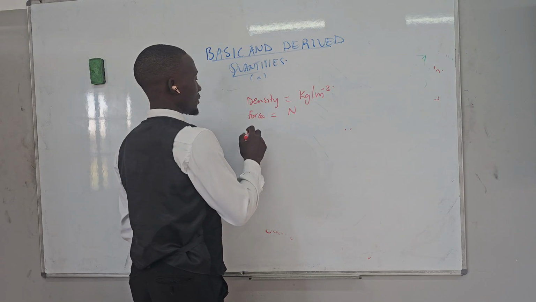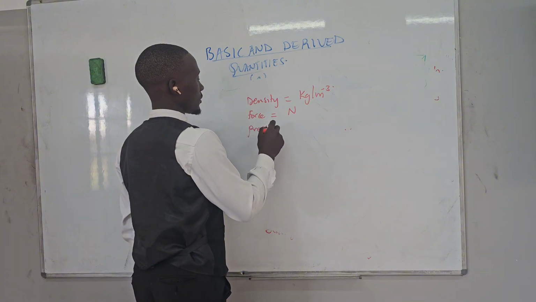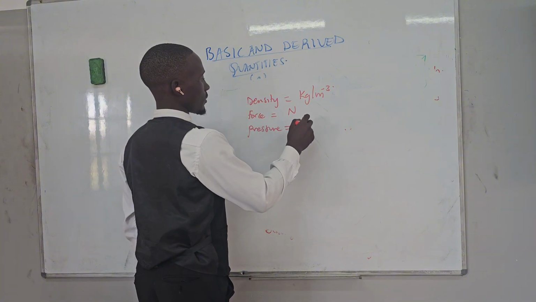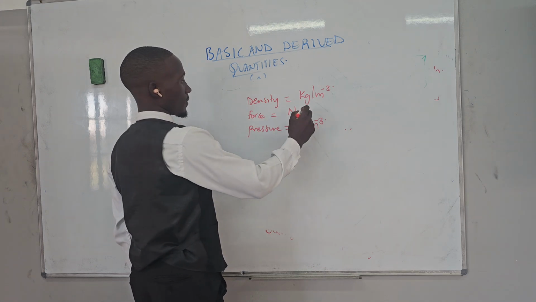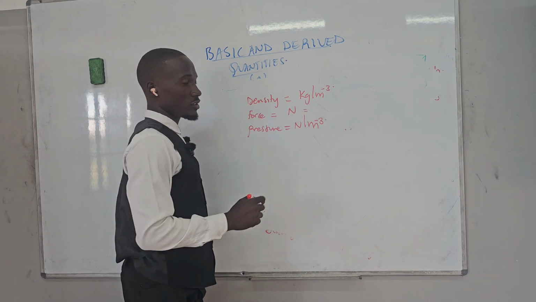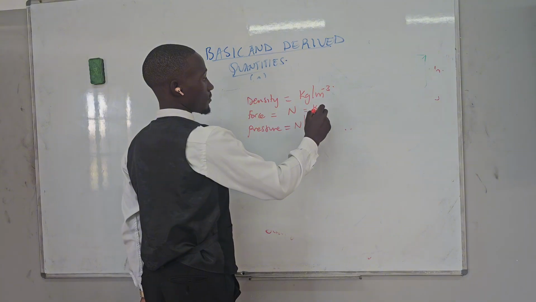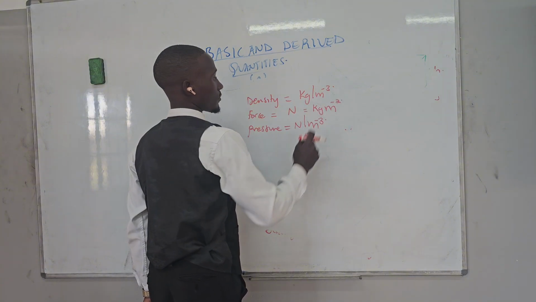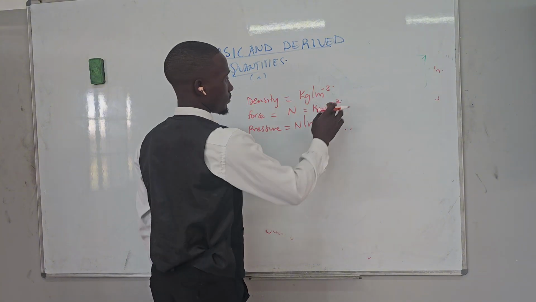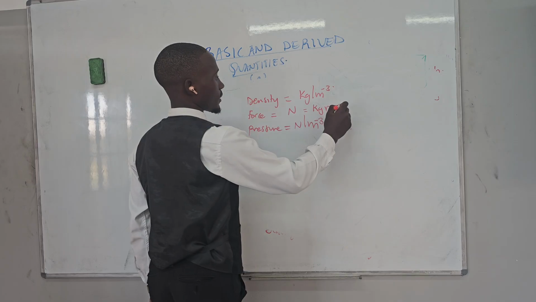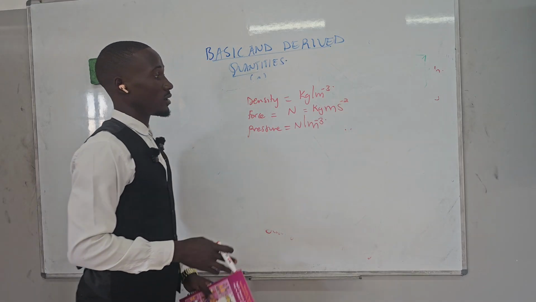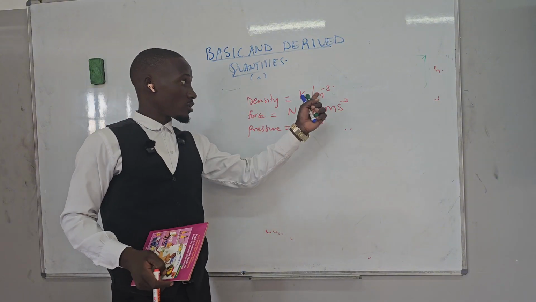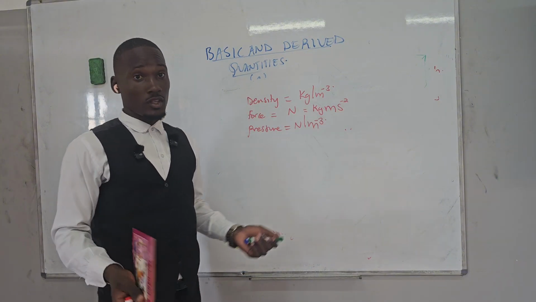If you check out the units for pressure, it's given as newtons per meter cubed. A newton is the same as a kilogram meter per second squared. This is the same as a newton. We shall see where this one comes from in the meantime.